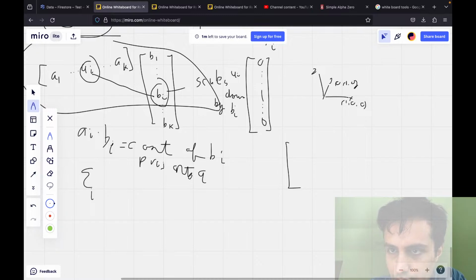Oftentimes we call these i hat, j hat, and k hat, right? So this could be 1 0 0, also known as i hat.